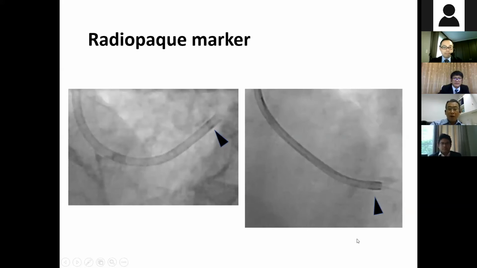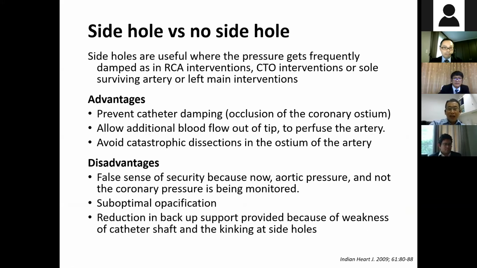So before you use a guiding catheter, you should know well where the radiopaque marker is. The side hole is very important, especially if you use a bigger catheter for a smaller artery, since the side hole can prevent catheter pressure damping and allow additional blood flow out of the tip to fill the artery during the procedure. And maybe it can avoid a dissection at the ostium of the artery if you handle it carefully.